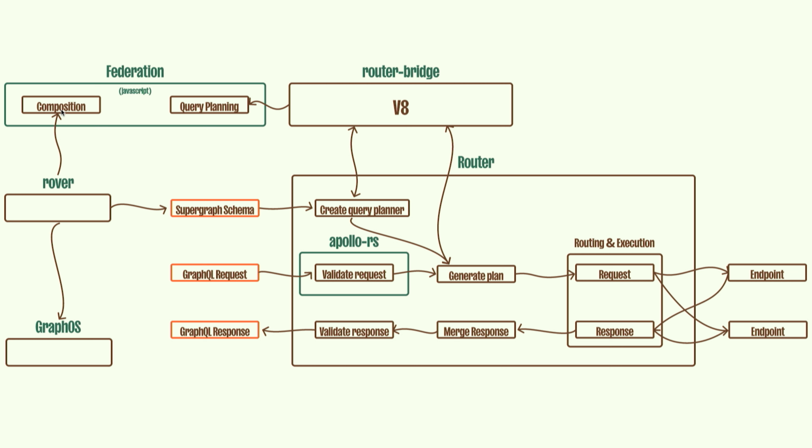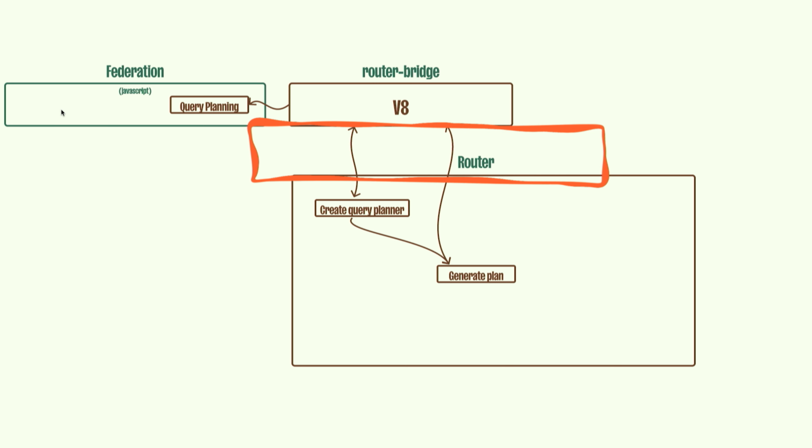So here, if we go back to this diagram, and I'll bring it up a few times as well, this bit here is what does the translation between V8, the JavaScript engine, and the Rust process, being the router. And this translation becomes complicated, especially once the graph and the operation get complicated, the more cost we pay for this translation between the two.